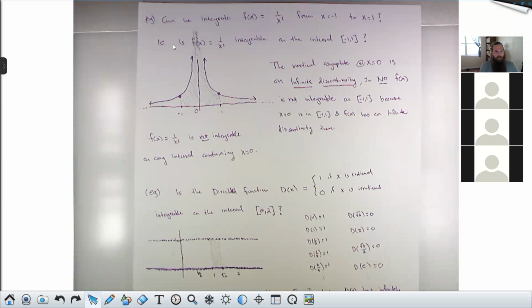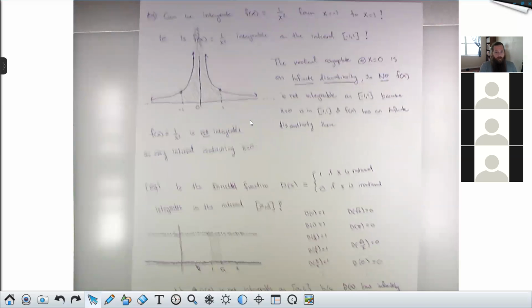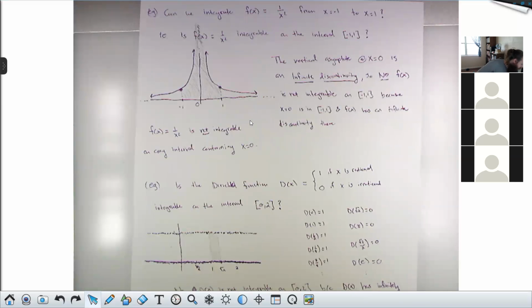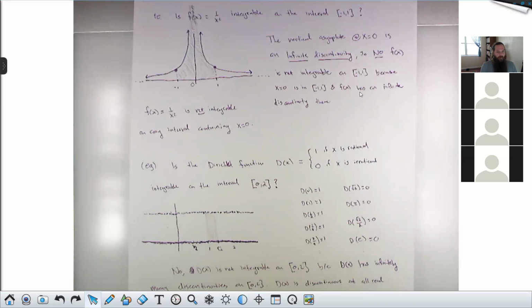And 1 over x squared is not integrable because it has one infinite discontinuity. If you have any infinite discontinuities, which are, remember, vertical asymptotes, automatically you're not integrable. And down here, if you have infinitely many discontinuities, no matter how big the jump, it doesn't matter. If there's infinitely many of them, automatically you're not integrable. Those are the big things.